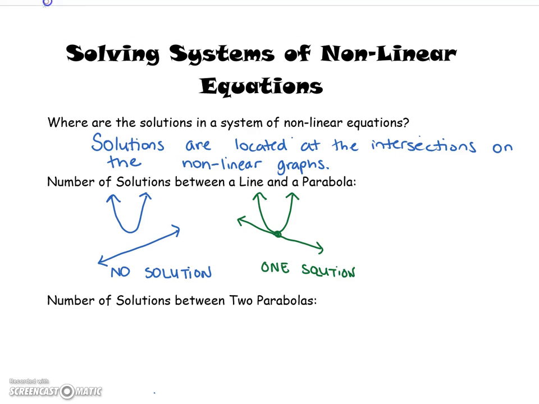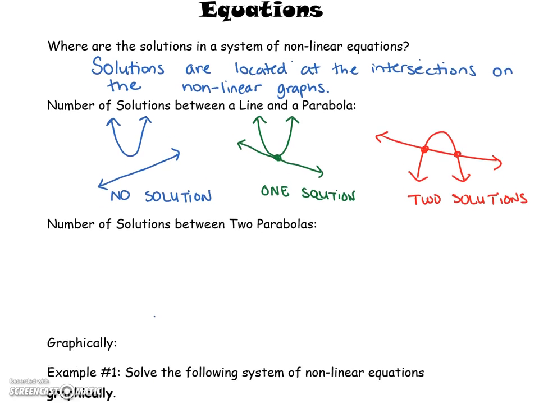Now, you can also have another case where the parabola, let's make this one an upside down parabola, and the line intersect at two locations. So the line is kind of cutting through the parabola, and this would have two solutions. All right. So we can now visually see what each one looks like. Let's go a little bit further.